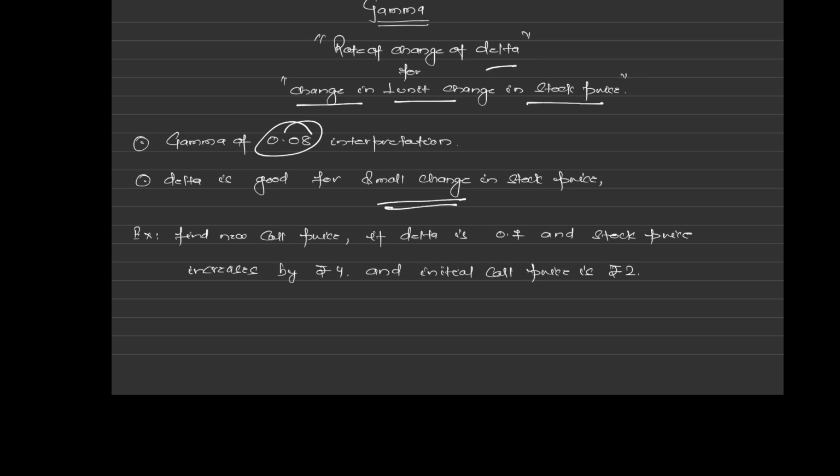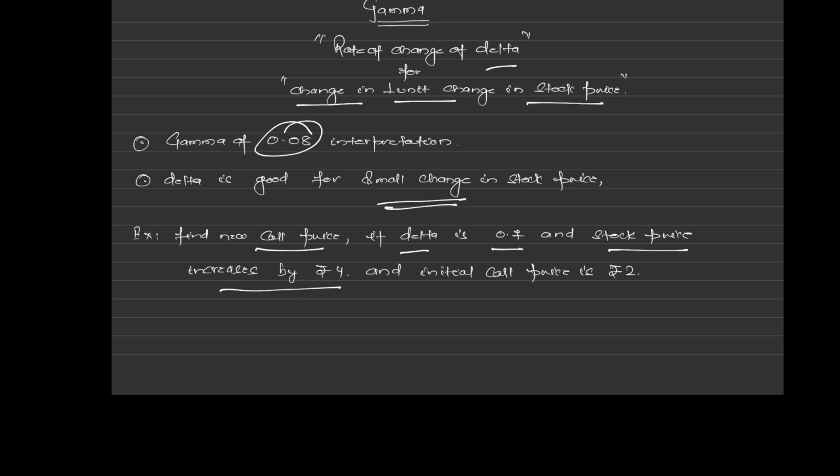Similarly, in the case of delta, if the change in the stock price is not too high, we respect delta. But if the change in the stock price is pretty high, we have to go to the second order derivative, which is gamma.